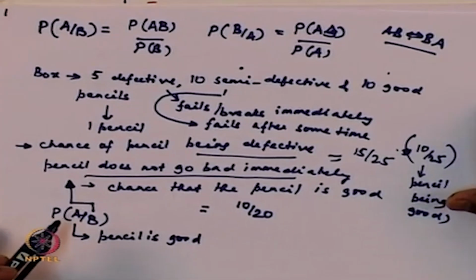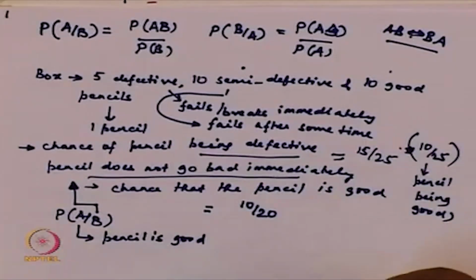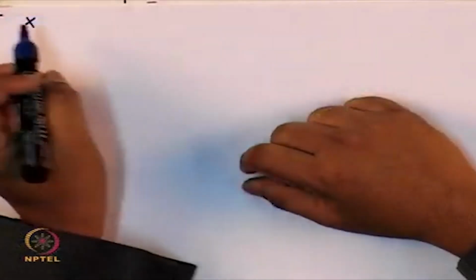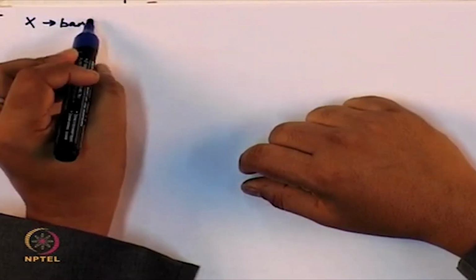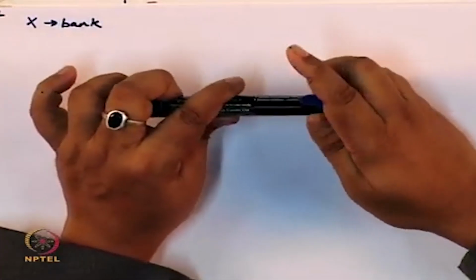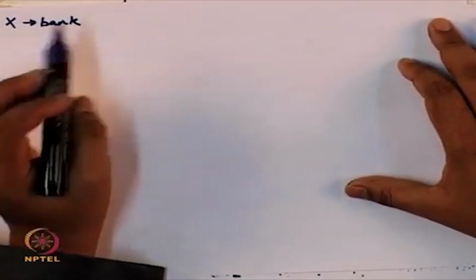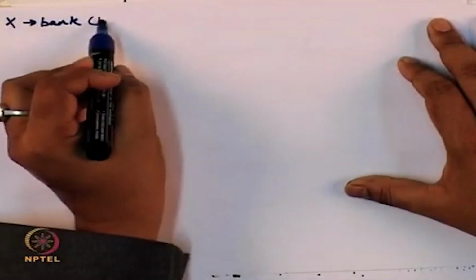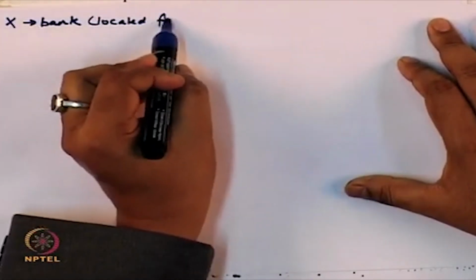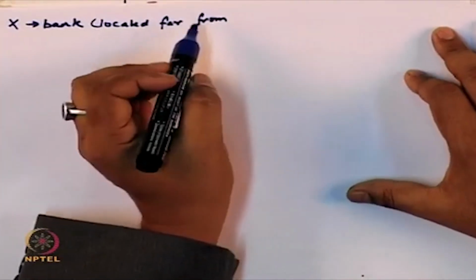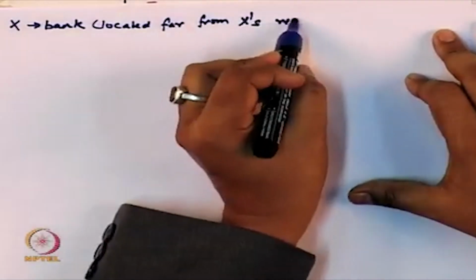Let me come to another example. Imagine that a person X works in a bank, and he works at a bank which is located far from X's residence.